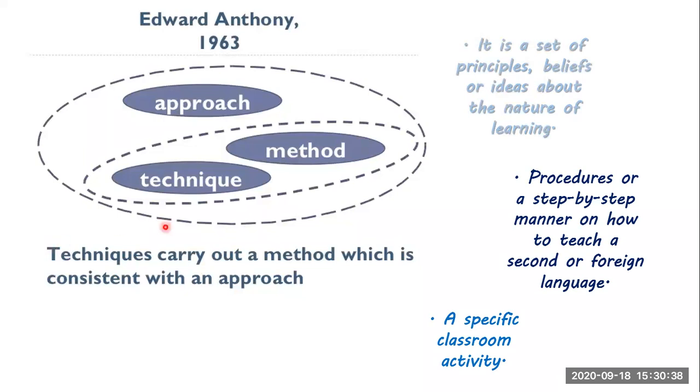Also, we have method, which is a step-by-step way to teach second or foreign languages, but also an overall plan that is really systematic and organized in how we can conduct this learning process. And finally, we have technique, which is considered a really specific classroom activity.